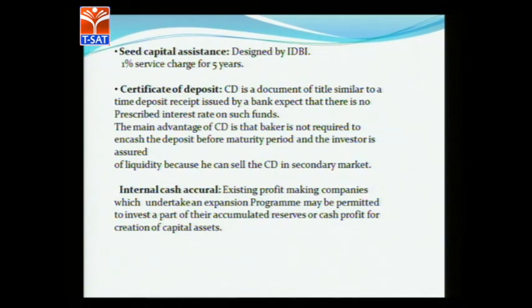And the next one is internal cash accrual. Internal cash accrual means it accumulates retained earnings and depreciation charges. It means the profits of the company as well as the depreciation of the company come under internal cash accrual.